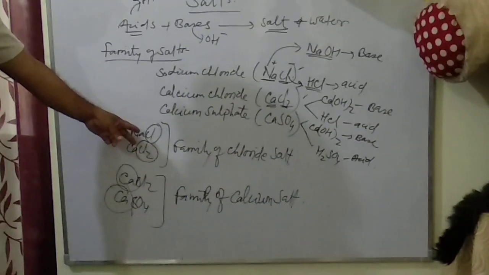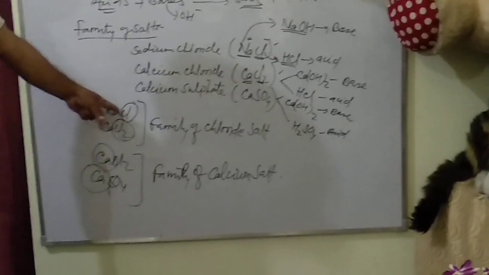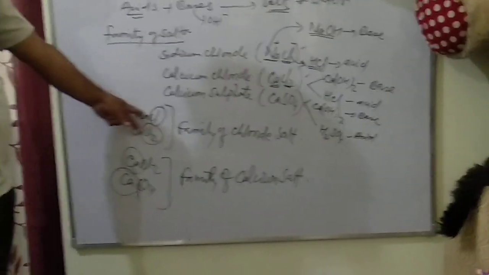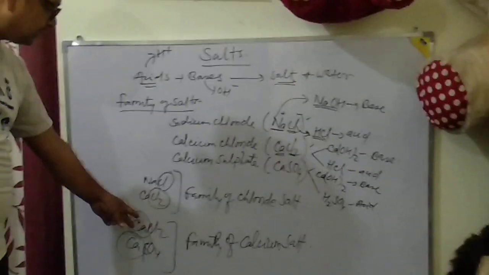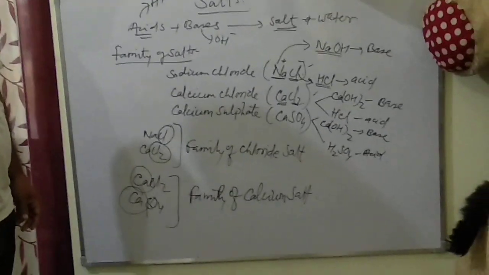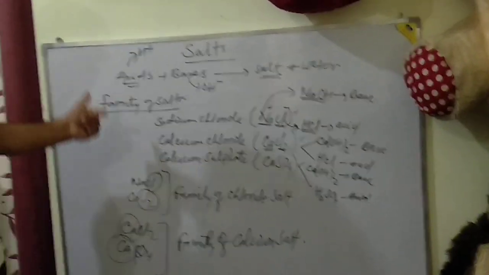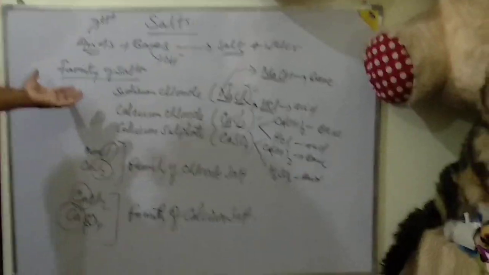Likewise, here in these two salts, chloride is common, so we say that these salts are of the family of chloride salt, and in these two salts calcium is common, so these two salts are of the family of calcium salt. Clear? So in this way we can say which family the salts belong to.